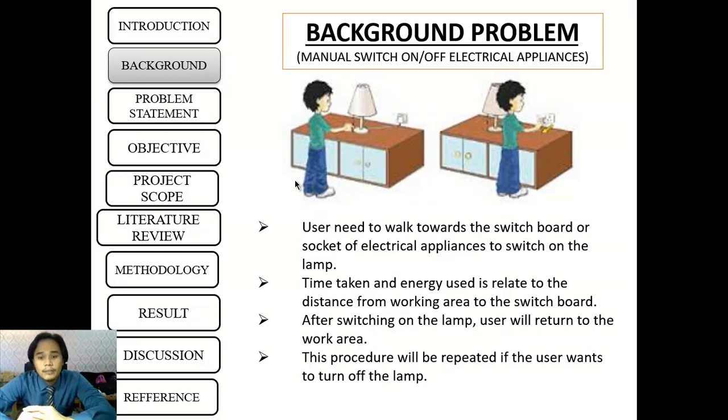This procedure will be repeated if the user wants to turn off the lamp. If the user is on level 1 but wants to turn on the lamp on level 10, it will take more time and energy. If there is a system where he or she can use a telephone to turn on the lamp, it might help them.